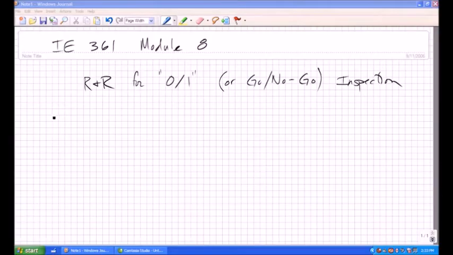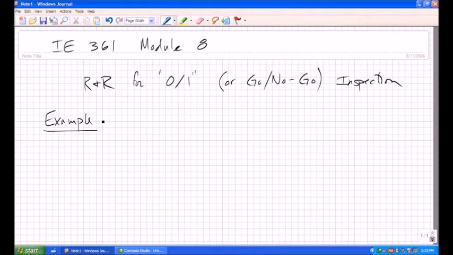Let's talk about an example where, for the time being, we're going to imagine that a single part, number 1, is inspected.